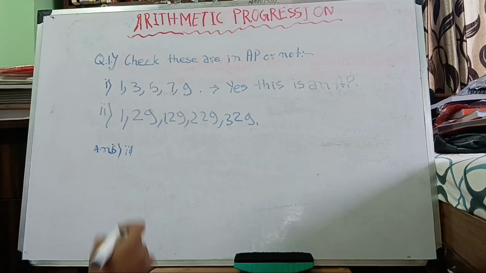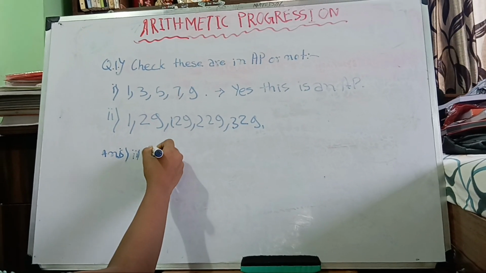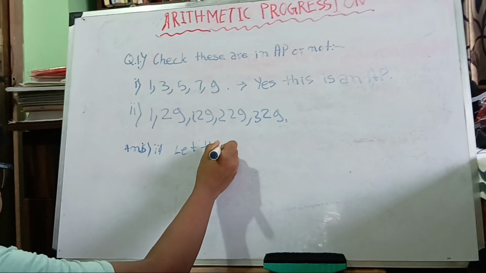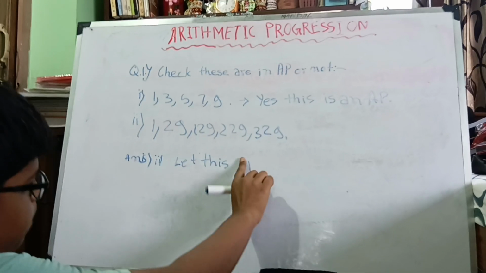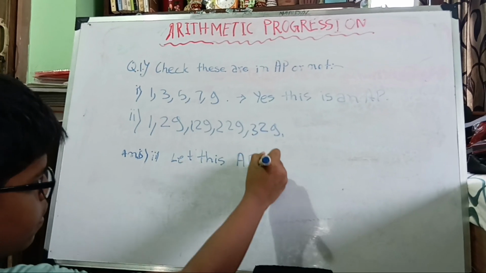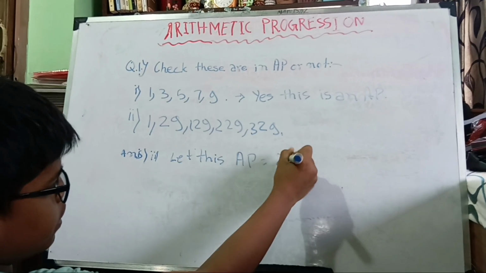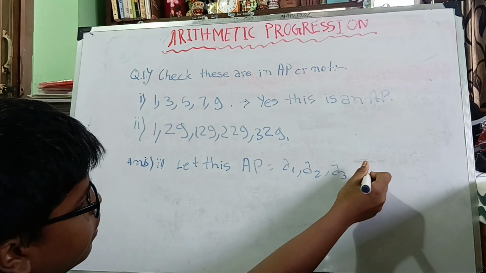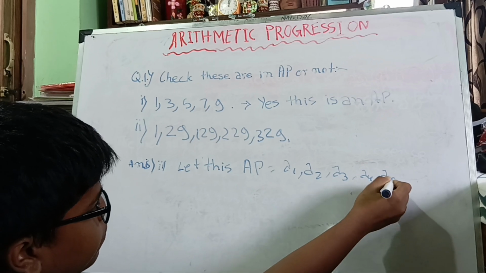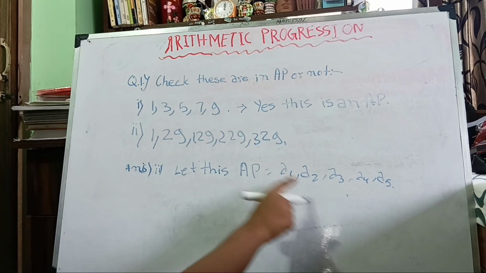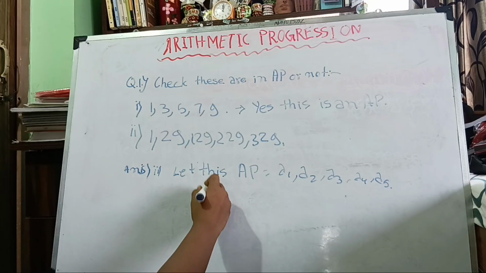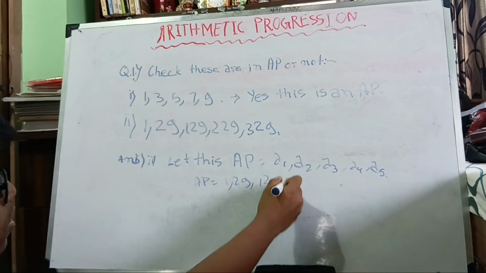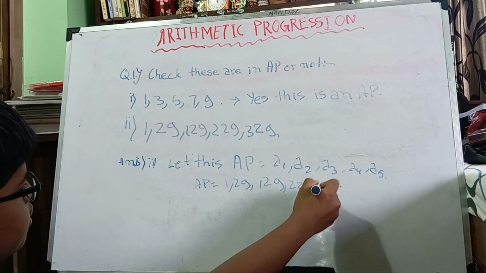That is Roman 2. Let this AP be a1, a2, a3, a4 and a5. Then our AP says 1, 29, 129, 229 and 329.